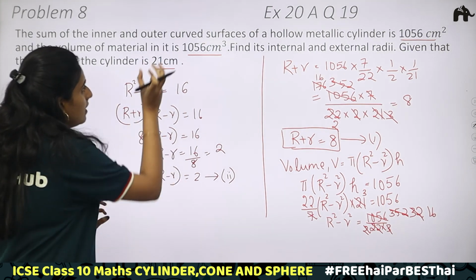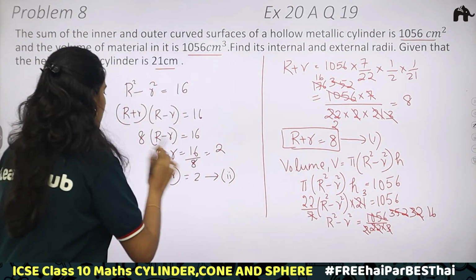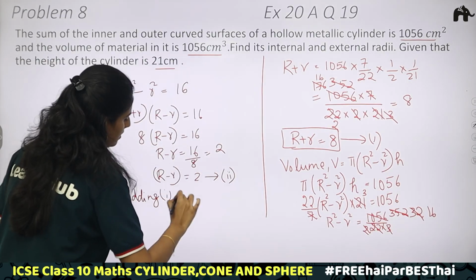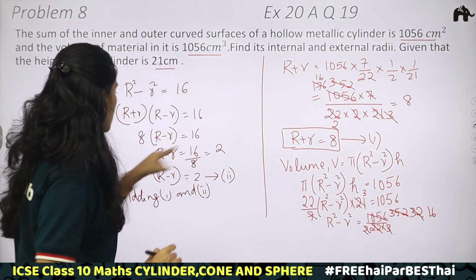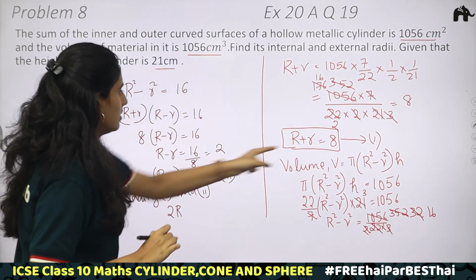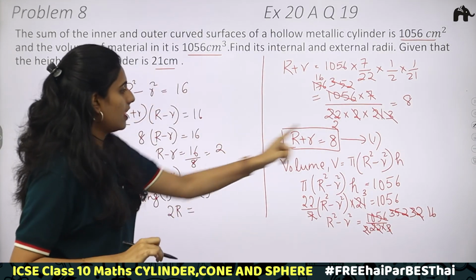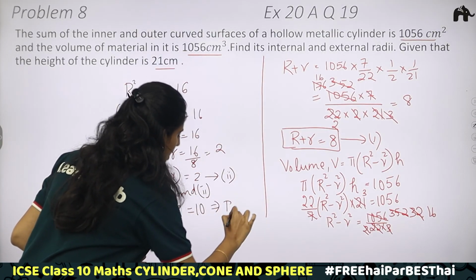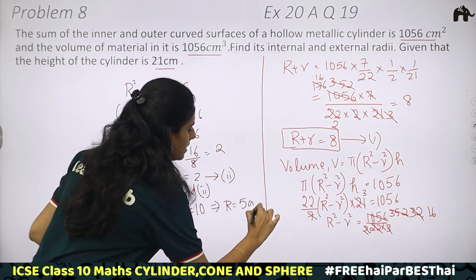We need to find the inner and outer radii, internal and external radii. Here, adding 1 and 2, we get 2R, then small r minus r becomes 0. Right hand side 8 plus 2, 10, which implies capital R is equal to 10 divided by 2, and that is 5 centimeter.